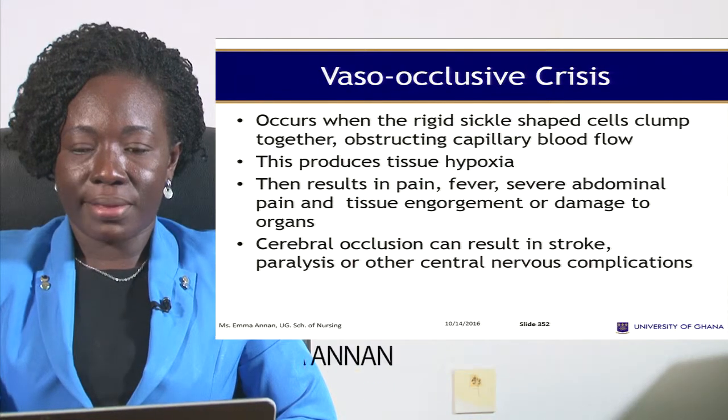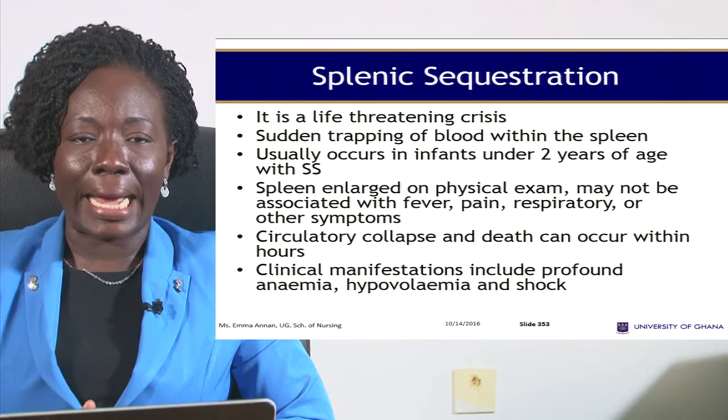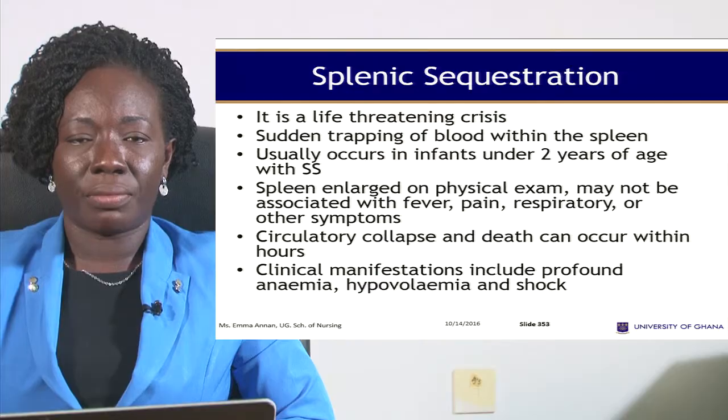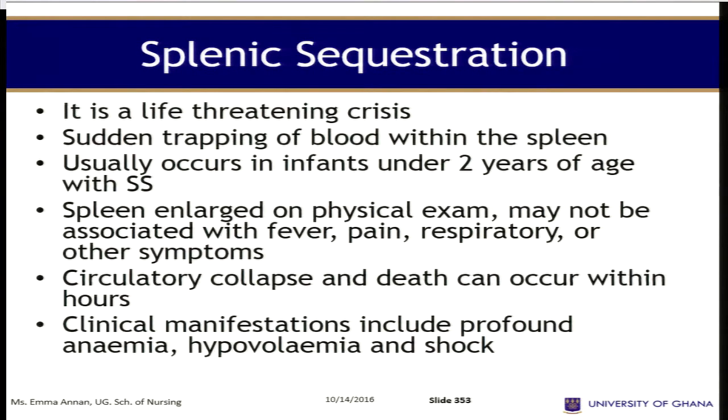Let's move on to the third crisis, that is splenic sequestration. It's a sudden, life-threatening crisis. What happens is that there is trapping of blood within the spleen, and it usually occurs in infants below 2 years of age with the SS genotype.